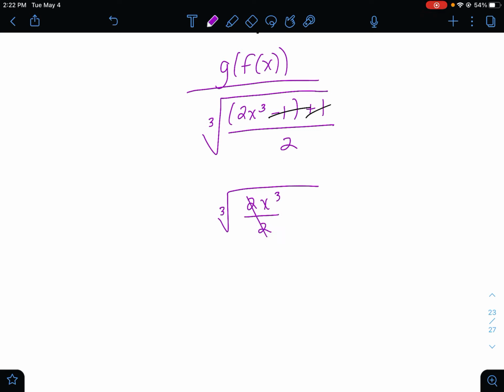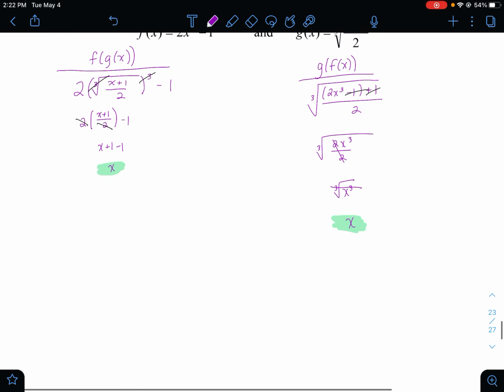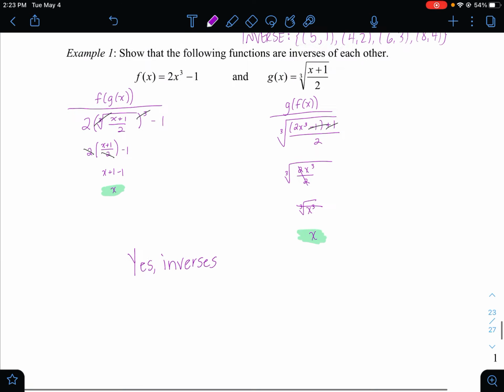Well, now my 2's cancel. I have the cube root of x cubed. My cube and cube root cancel, and we are just left with x. So therefore, we showed that they were inverses. So I'm just going to write yes, inverses. All right, so that's the first step.